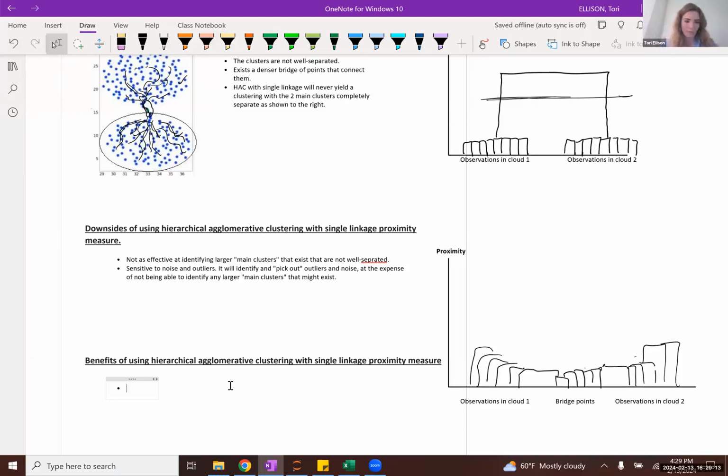So one benefit is that it can help identify outliers and noise that you, for instance, might not have been able to see in just a two-dimensional scatter plot.